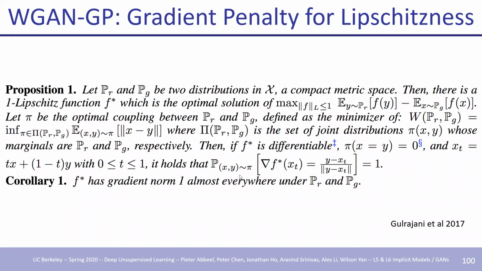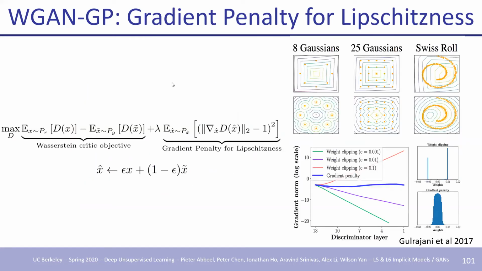They're using the converse of the theorem, because this one says if f star exists, then it has norm 1, but if it has norm 1, it doesn't mean it's the optimal one. But apparently this works. So they're using the converse, the inverse of it. It's the converse of the inverse, I think.